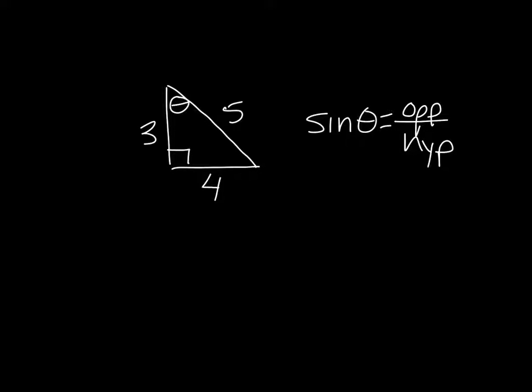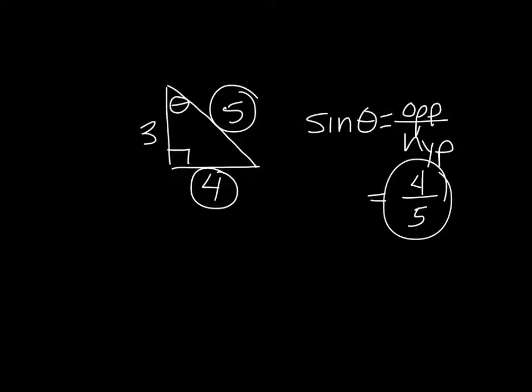So then my opposite side would be the one opposite the angle, which is 4, and my hypotenuse is always my hypotenuse, and in this case it's going to be a 5. And so that's the sine of our angle. Cosine of the angle is always the adjacent over the hypotenuse.